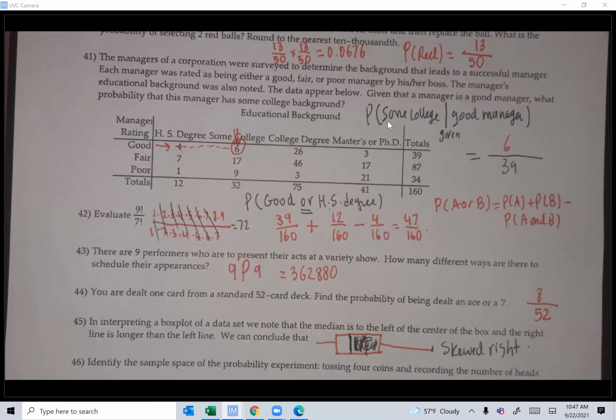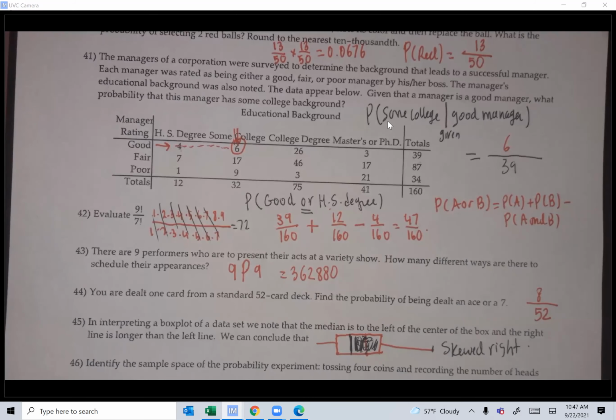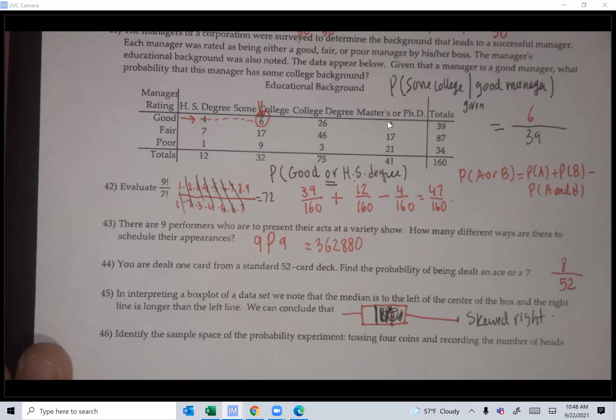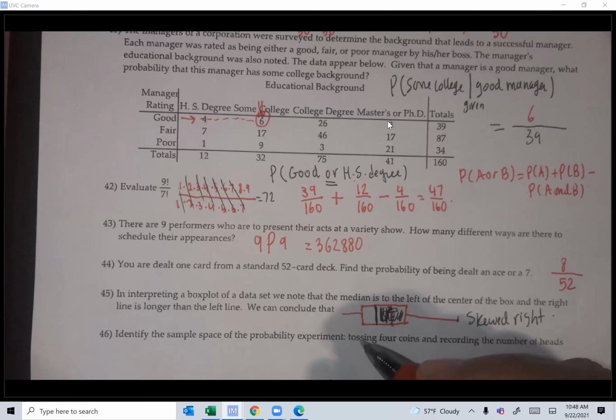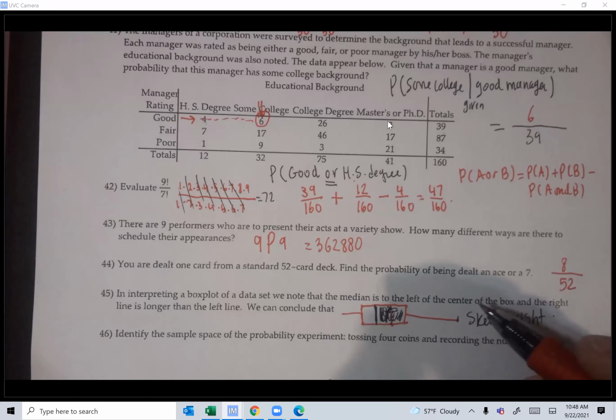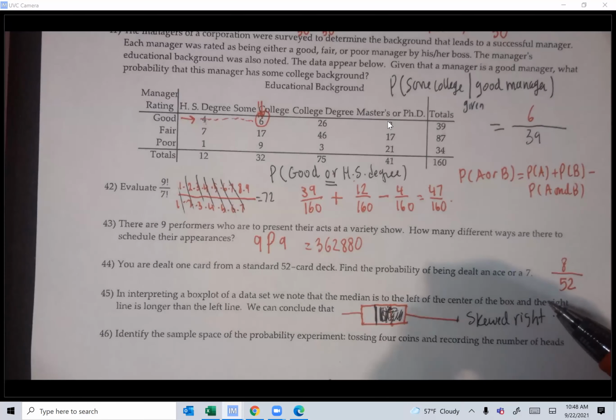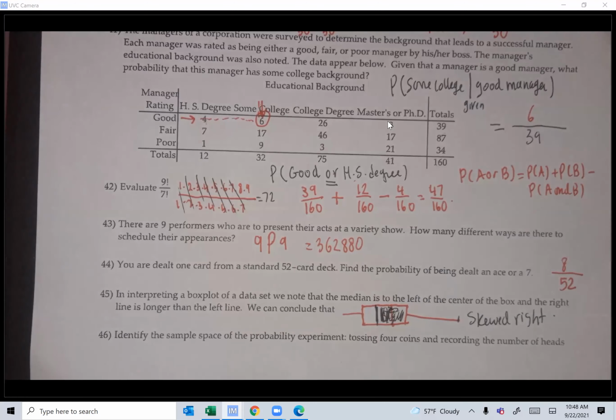identify the sample space of the probability experiment, tossing 4 coins and recording the number of heads. So the number of heads, when you toss 4 coins, how many possible heads could you get? Is it possible that you see no heads, all tails?